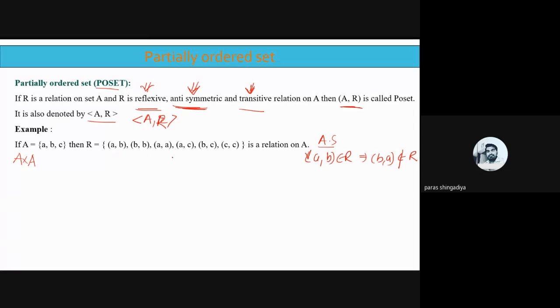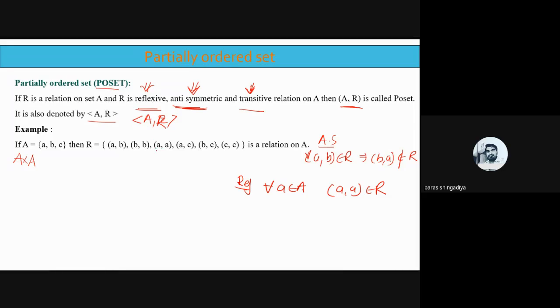Here the 6 pairs are mentioned in this subset, and let us first check whether it is reflexive or not. The condition of reflexive means that for every a belonging to A, the relation (a, a) should belong to R, meaning aRa should exist in the given subset.